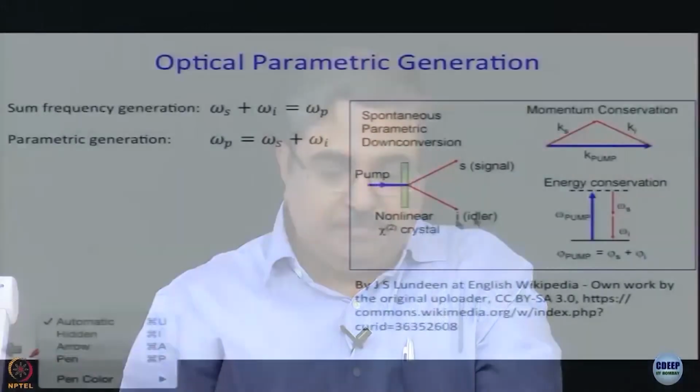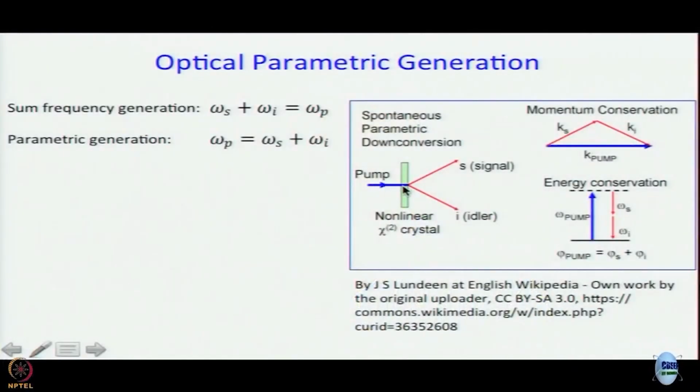Now, when you do it, let us say a pump light gets into a nonlinear crystal and gets broken up into signal and idler. First thing that we want to say is, you cannot have infinite combinations.